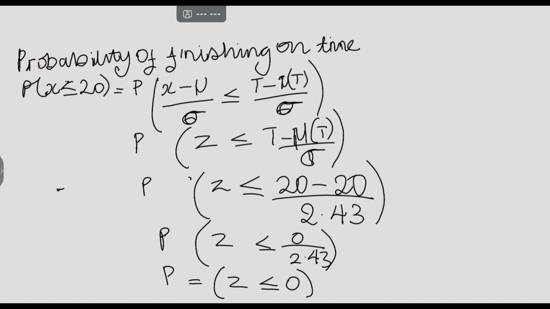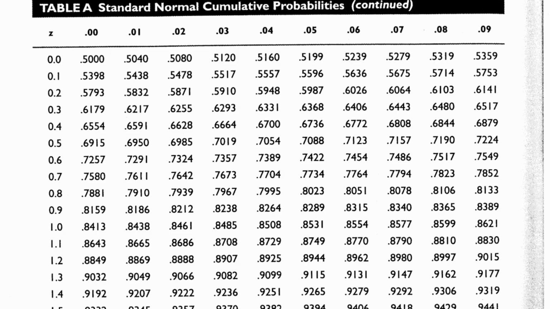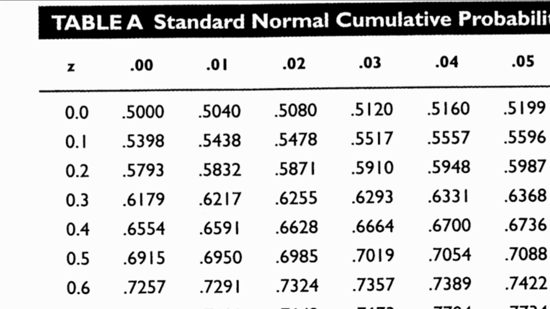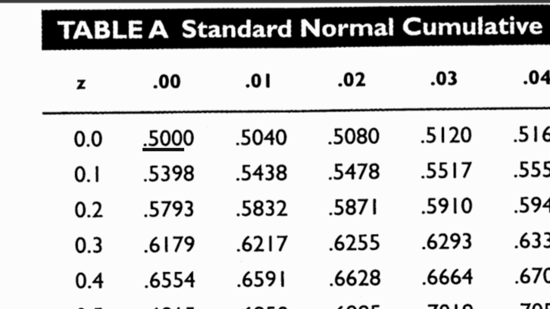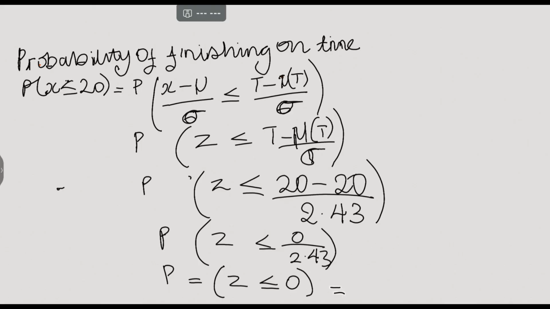Then you go to your z table. Under 0, your z table gives 0.500, but since it is a probability, you convert it to a percentage, which is 50%.